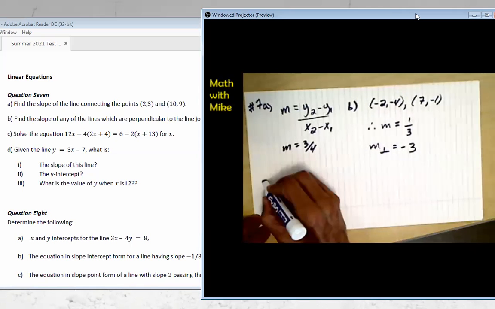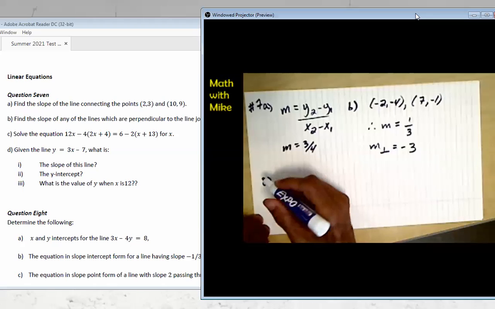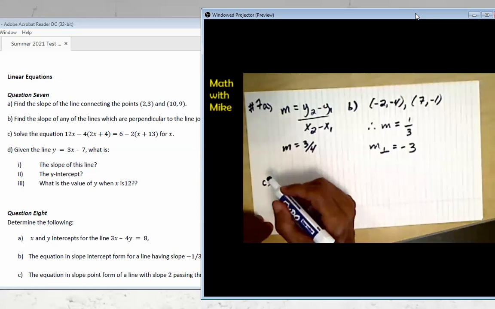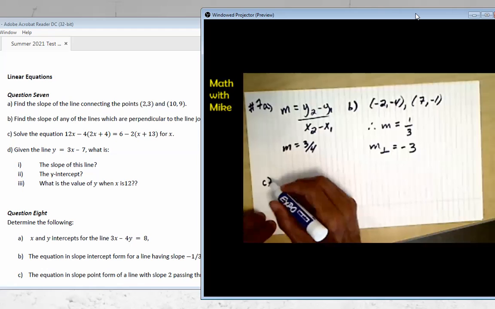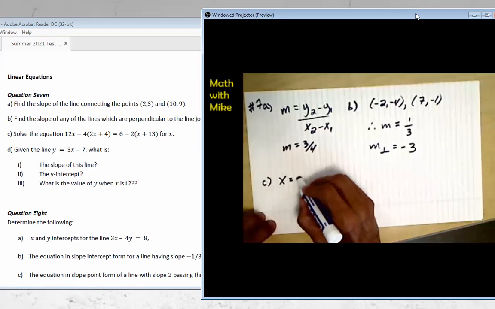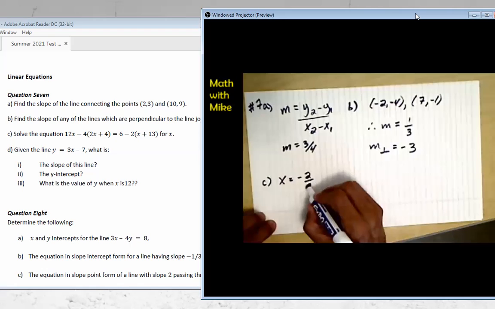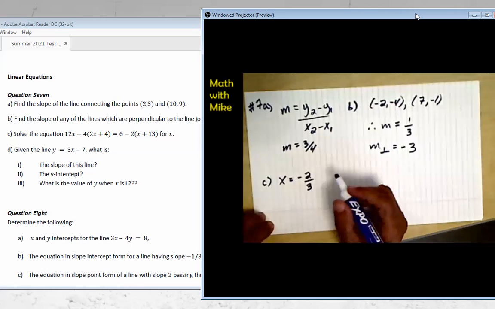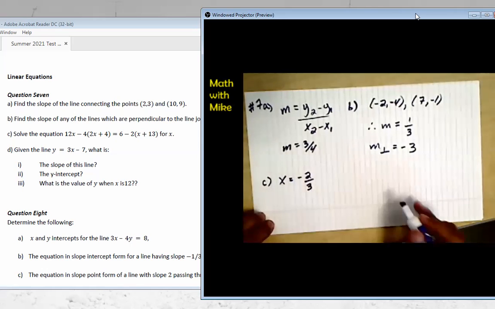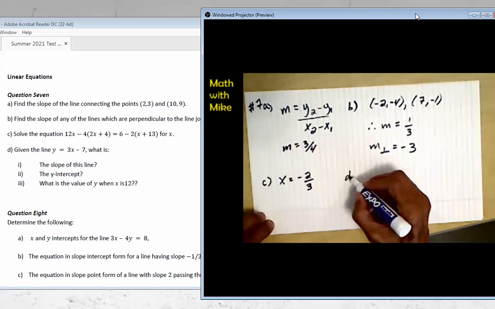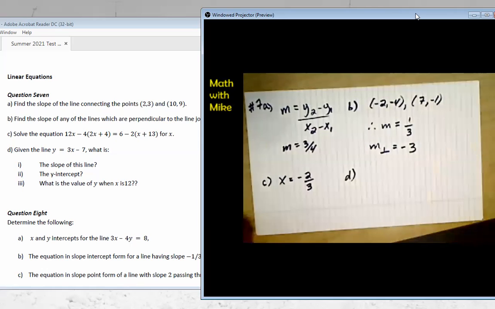For question C, being careful to have everything there, the final answer is x is -2/3. And then lastly, D is pretty nice. And I think it might even be something like it on the exam. All right, what's happening with those numbers there?